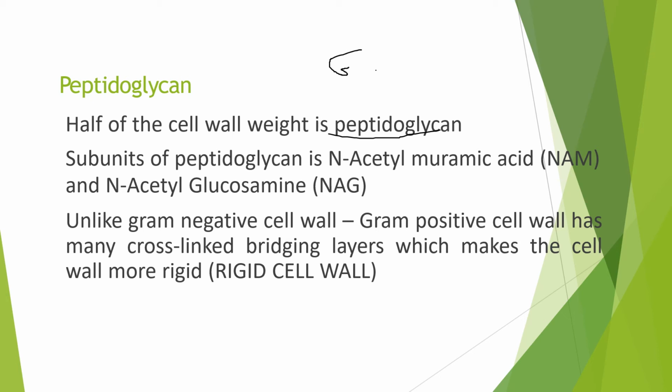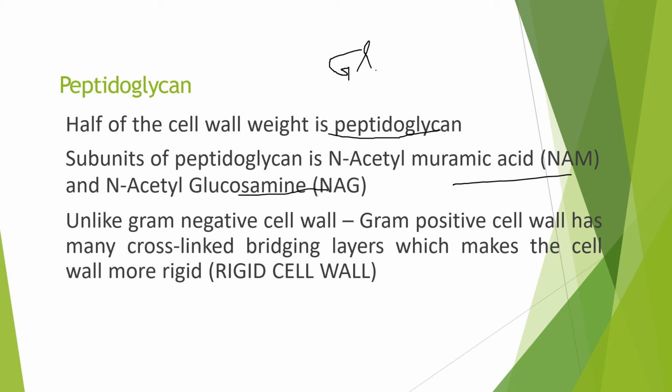As you know, this is a gram positive organism. The subunits of peptidoglycan are N-acetylmuramic acid, NAM, and N-acetylglucosamine, NAG. The cell wall is a very important component of a cell, so we have to study the detailed structure of the cell wall.